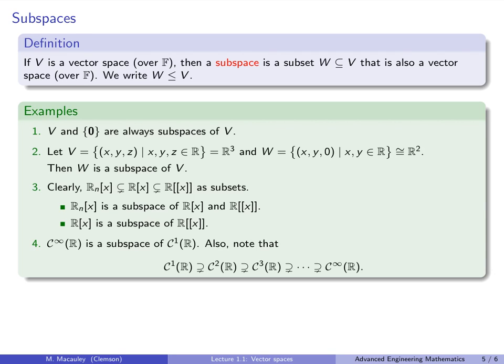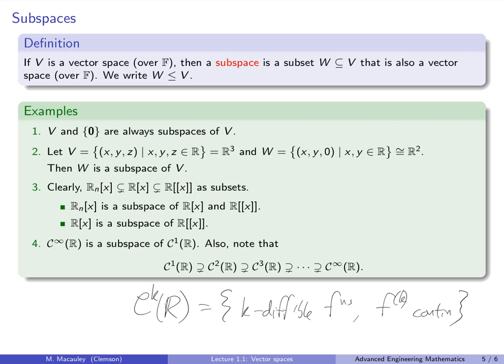More generally, we can define Ck of R to be the space of k differentiable functions, and we want those derivatives to all be continuous as well. And if we do that, we have this chain of containments where C1 contains C2, contains C3, etc., and then all of these things contain C infinity.